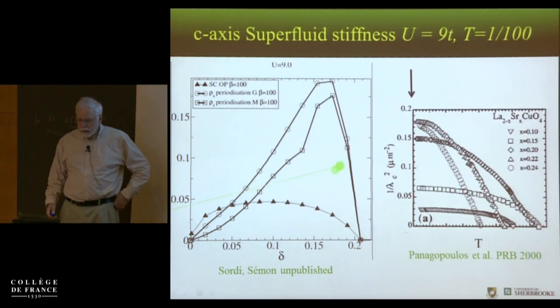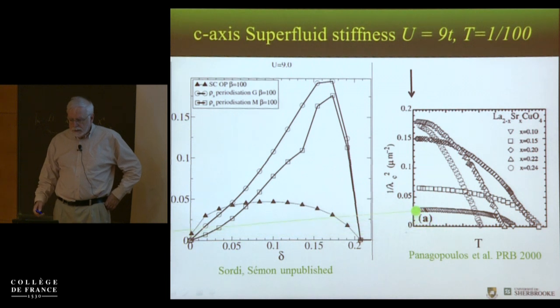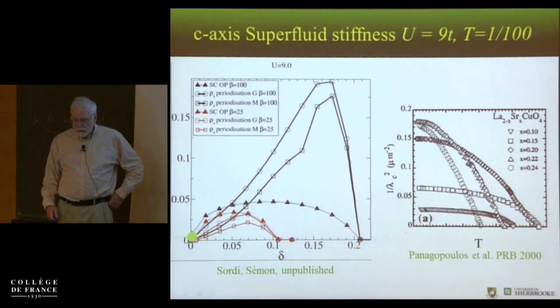Experimentally you have 10%, 15%, 20% doping, 22, 24, and then it goes to 0. So it goes up and down suddenly. If you increase the temperature, you get a dome shape for both the order parameter and the superfluid stiffness, and the corresponding temperatures are 10, 15, 20, 24.